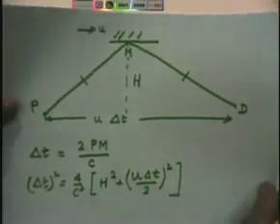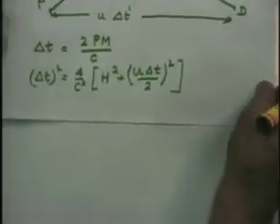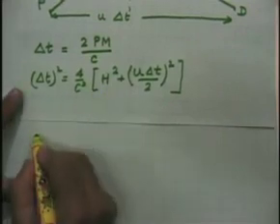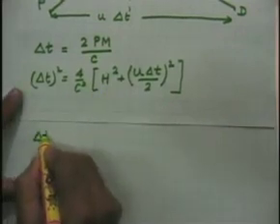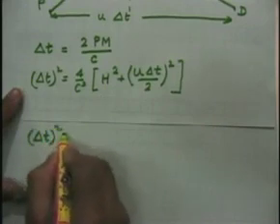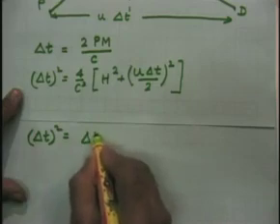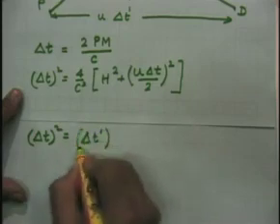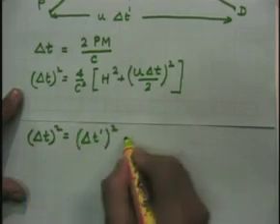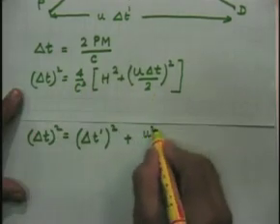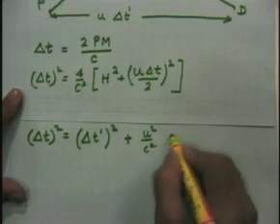So, I will have delta t whole square is equal to 4h square by c square, that is the time interval between the two events that I have measured inside the train, plus, 4 and 4 cancel out, so you get u square by c square delta t square.